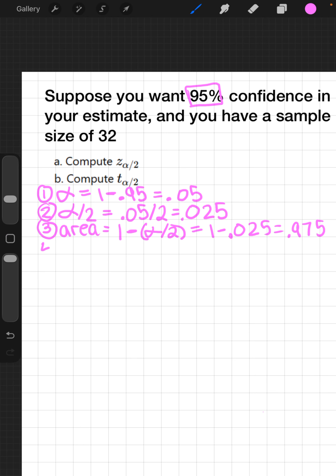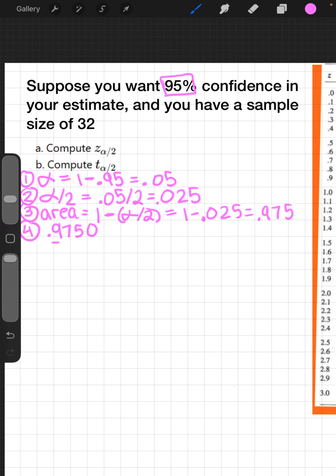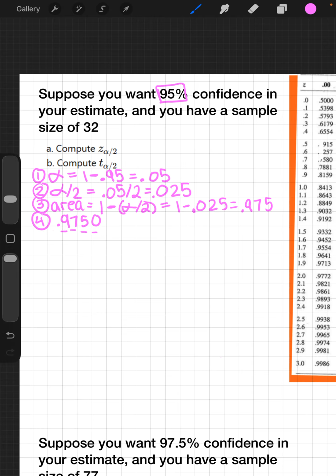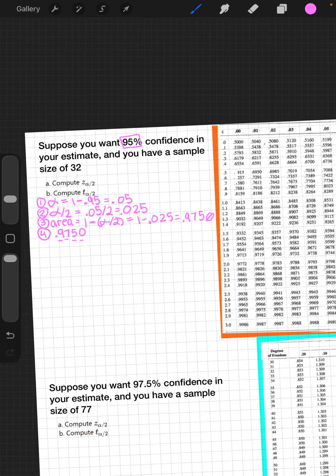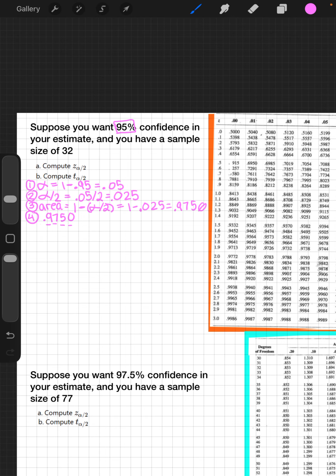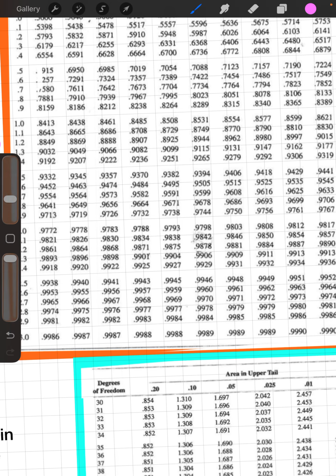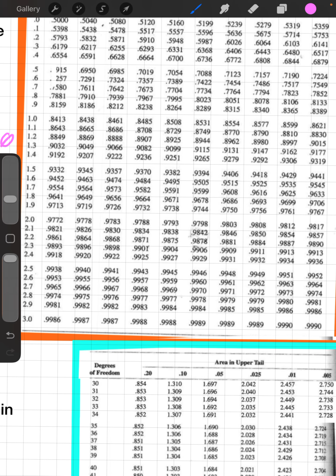And now we're going to look that up in the chart. A best practice is to add an extra 0, so it's 4 digits. So we're going to look up 9750 right here.